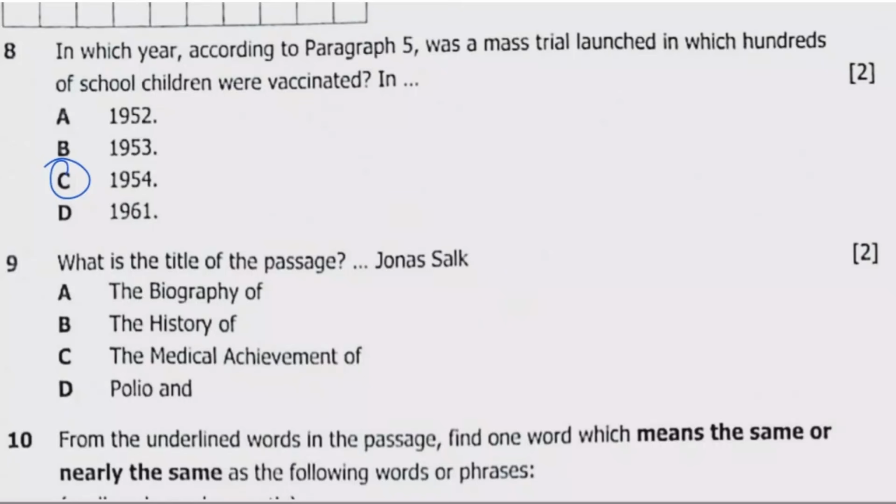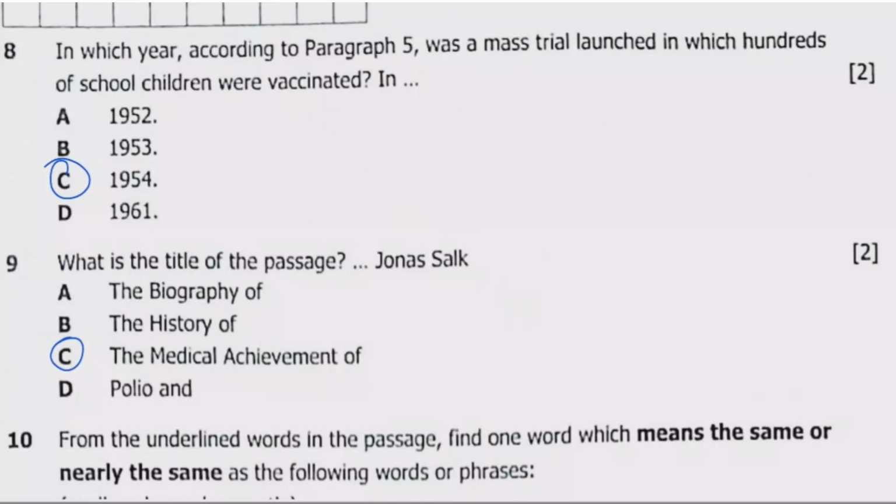No. So when you talk about C, the medical achievement of Jonas Salk, this one could be correct. This one is talking about the medical achievement of Jonas Salk, how he came up to invent the polio vaccine. So we can give it that title. When you look at polio and Jonas Salk, not really. So the best answer there is C.